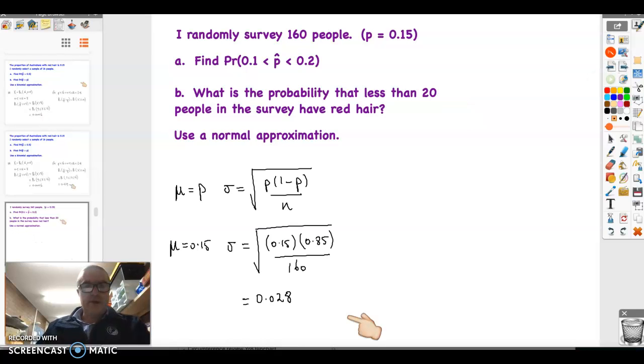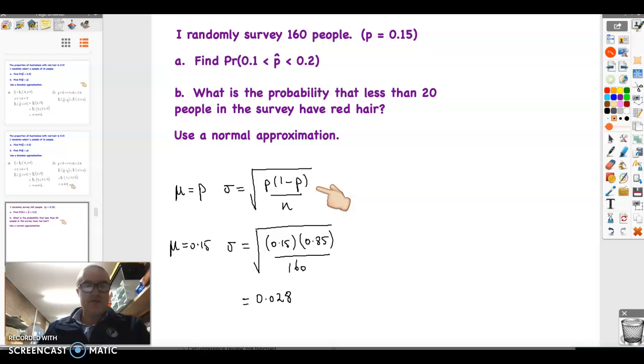Because we're going to use the normal approximation, we need to find the mean and the standard deviation based upon the information we've got about the size of the sample and the value of p. Our mean is our value of p, so the mean of our normal distribution is going to be 0.15.